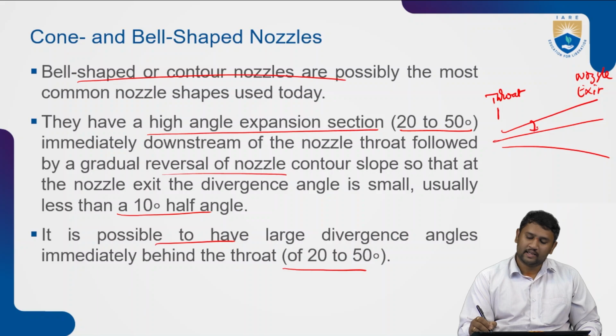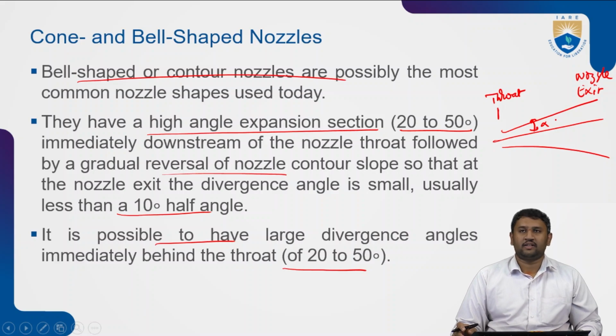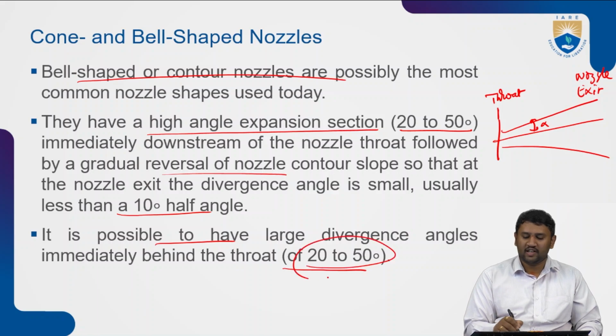This angle, sorry, not theta, it is alpha, is my half angle. Now, right after the throat, in a few nozzles, particularly according to our design, the angles can be varied from 20 to 50 degrees.